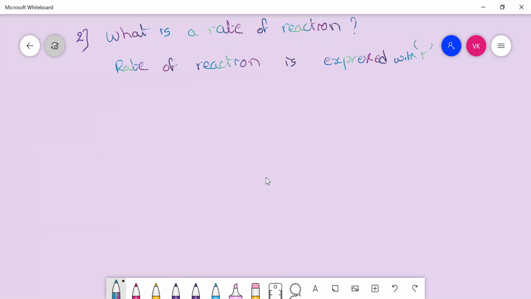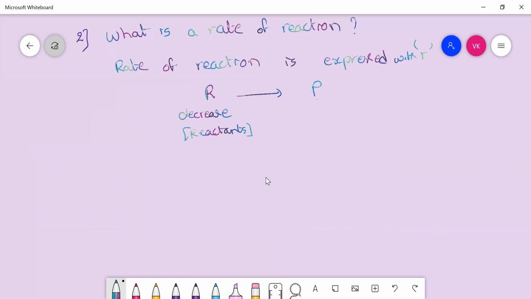Let's take a general reaction where R for reactants is giving P for products. Whenever the reaction starts, there will be a decrease in the concentration of reactants and an increase in the concentration of products. Slowly reactants convert to products.